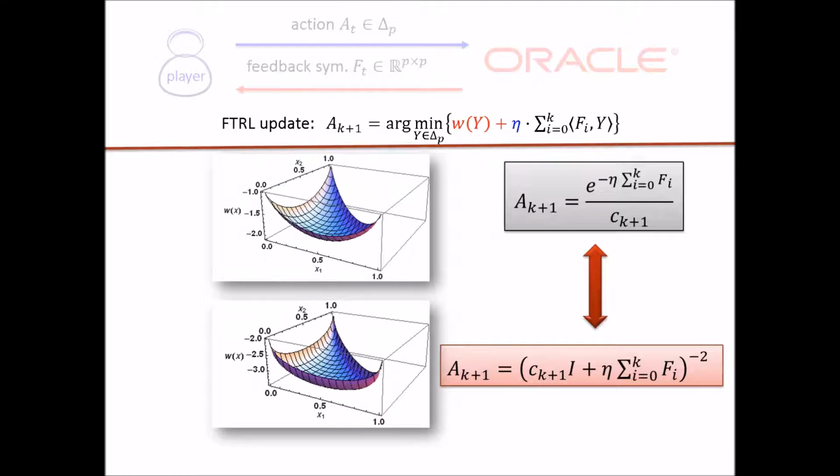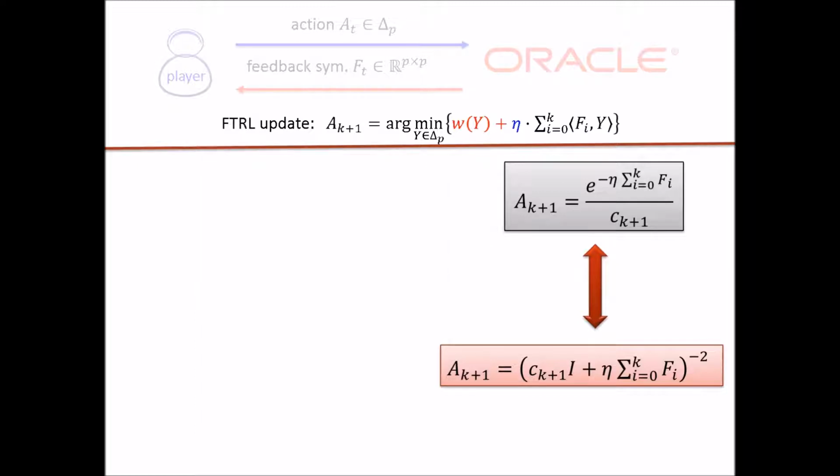Both look similar, but as you can see, the derivative of the square root regularizer is a bit more sharp when it gets closer to the boundary. This is also related to things like the log barrier function, the self-concordant barrier functions of a set, which I don't want to go into, but somehow having a sharper gradient turns out to help the algorithm a bit better. Okay, so that's a picture to illustrate this strategy.